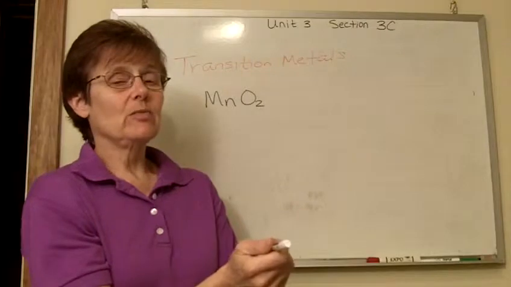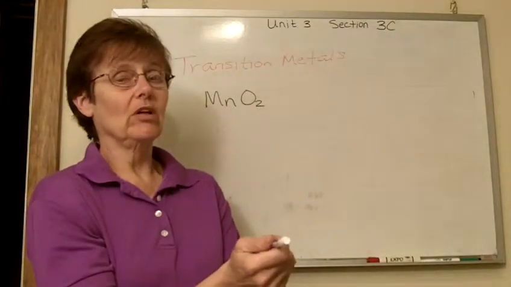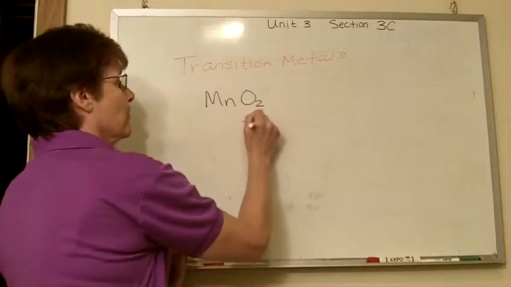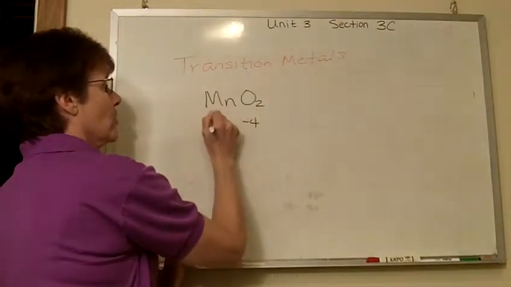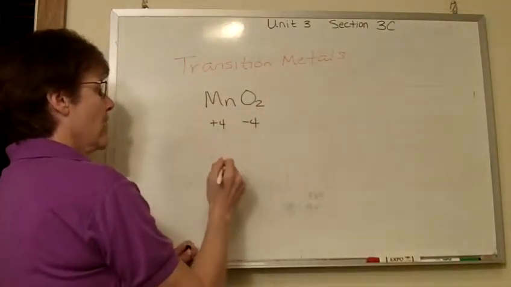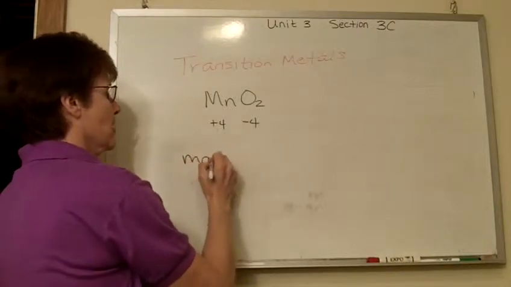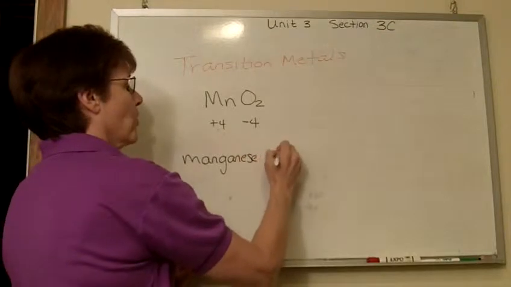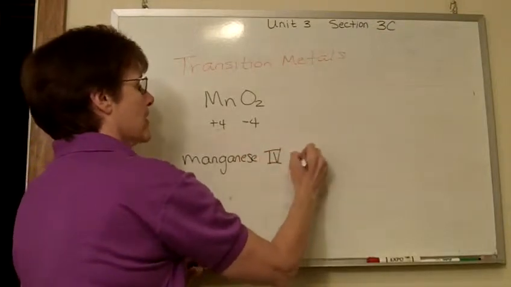So that tells me that I must have a total positive charge there. So if I have a total of -4 over here, I must have a total of +4 here. So that tells me that this has to be manganese 4 oxide.